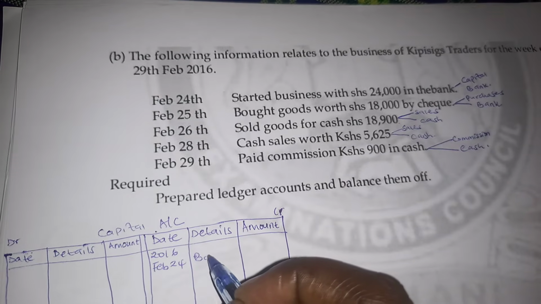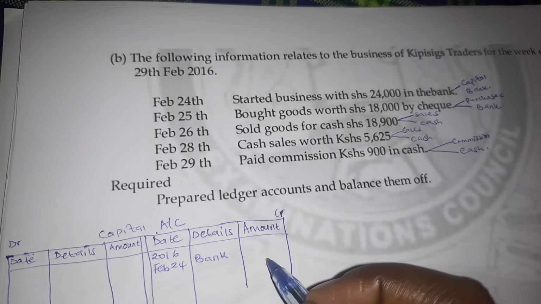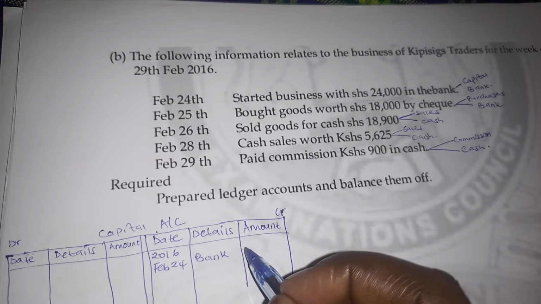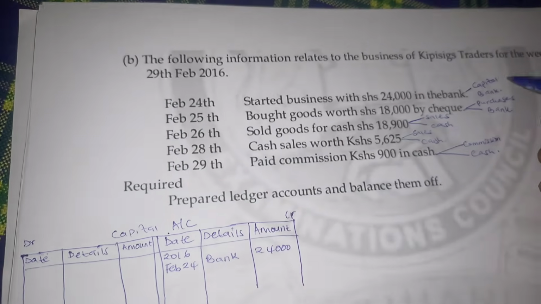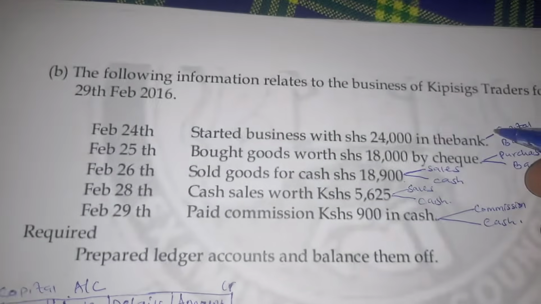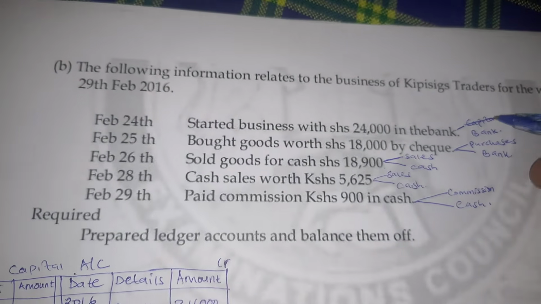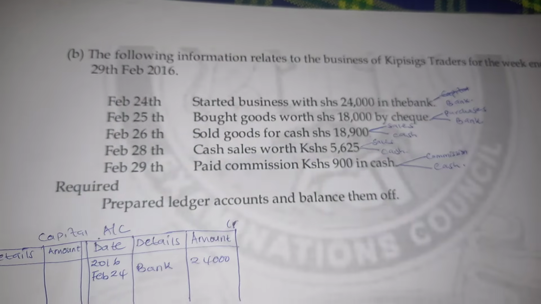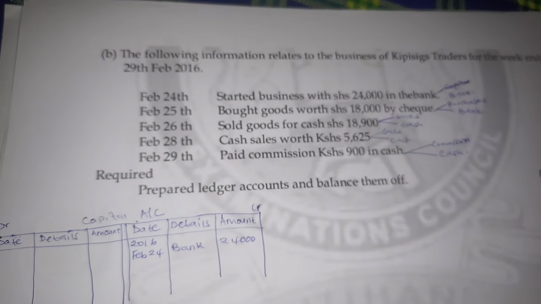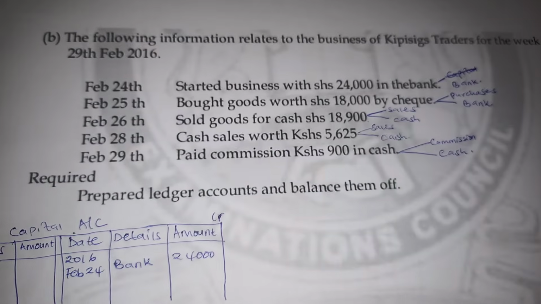The bank. 24,000. And we are through with that. The good thing with analyzing the question first is that once you open an account, you can cancel it so that you'll be able to identify which accounts you have not opened.